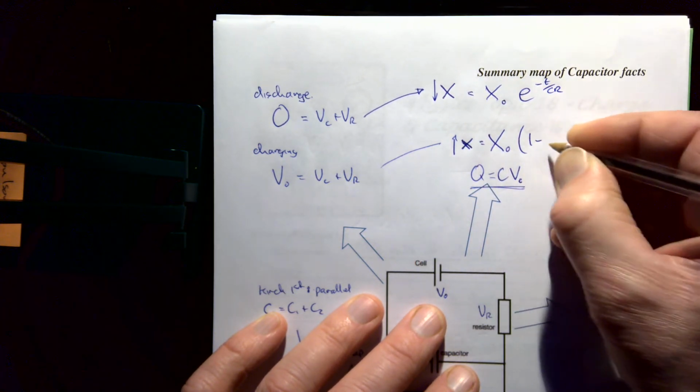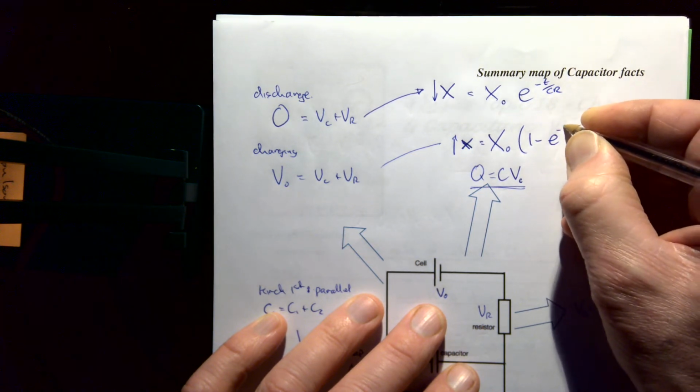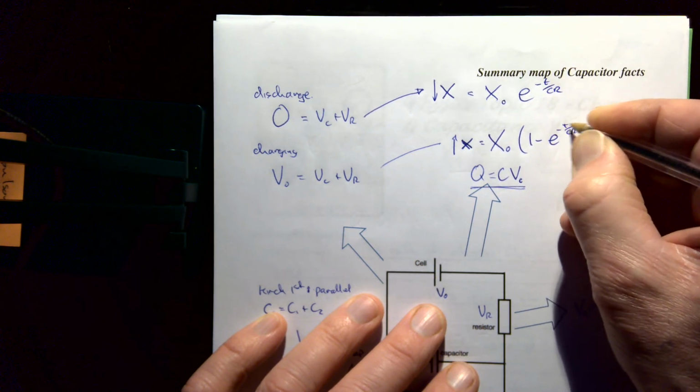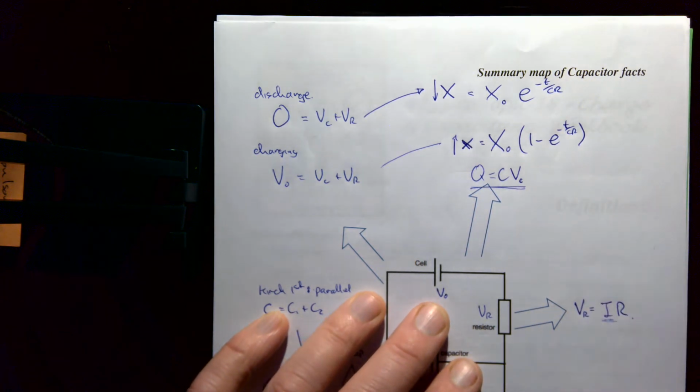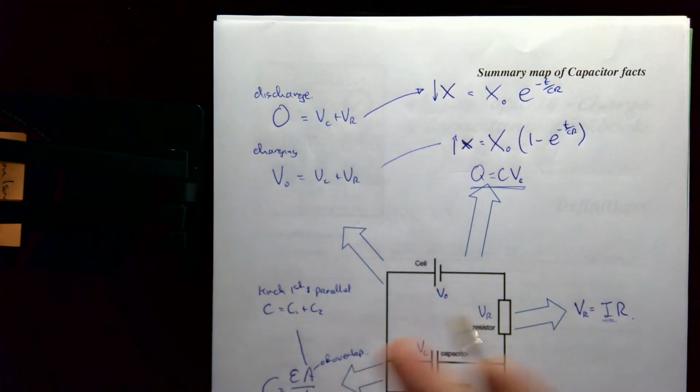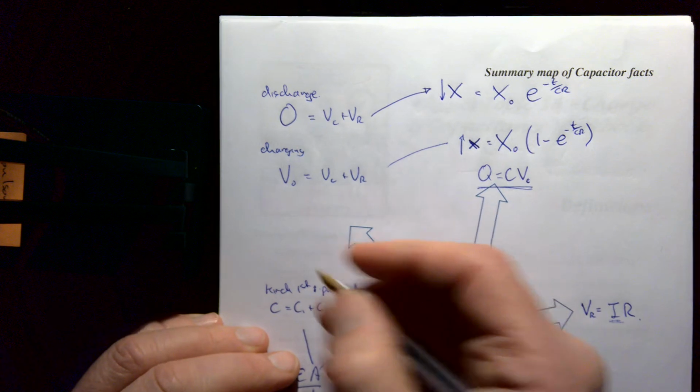That one's just 1 minus the same thing, e to the minus t over CR.